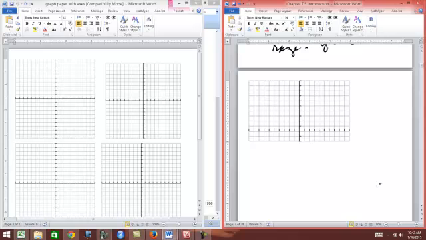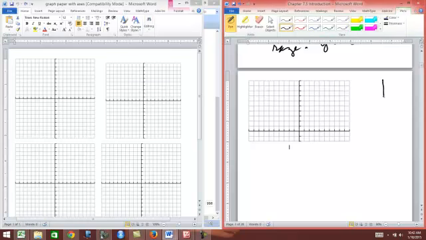All right, and so let's make a table here. Now the table, this is going to be hard to graph. Here's x and y. So let's say when x is negative 3, y will equal 7 to the negative 3, which we won't even bother.